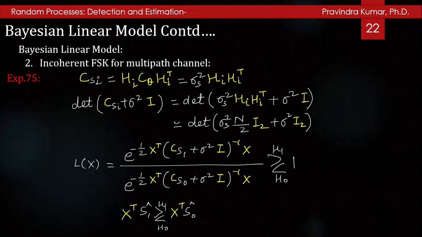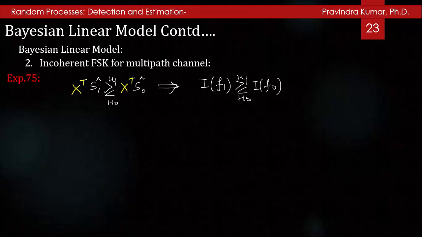So we can also write it as x transpose S1 cap x greater than or less than x transpose S0 cap x, and we can also write it as periodogram I(F1) greater than or less than periodogram I(F0).